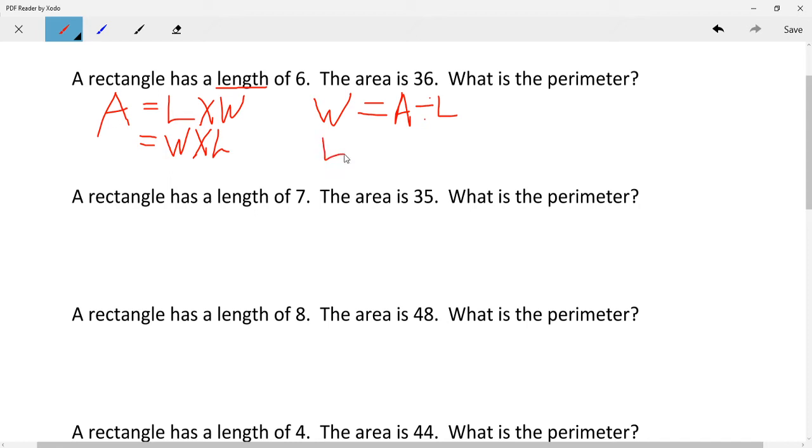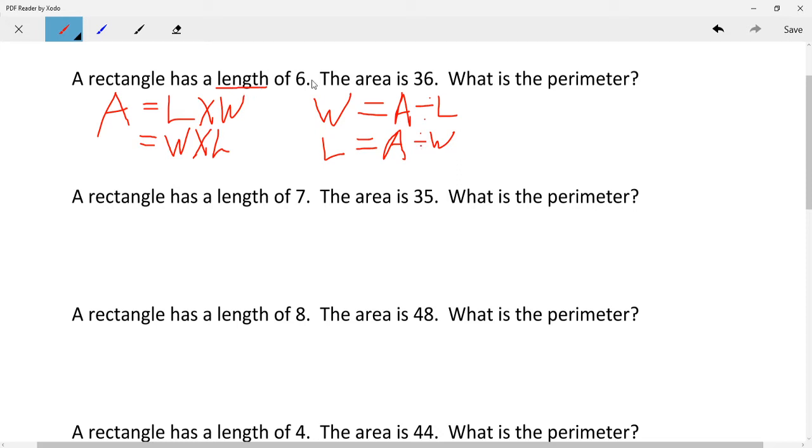And if we were looking for length, and they gave us area and width, it would be area divided by width. So basically width equals area divided by length, length equals area divided by width.